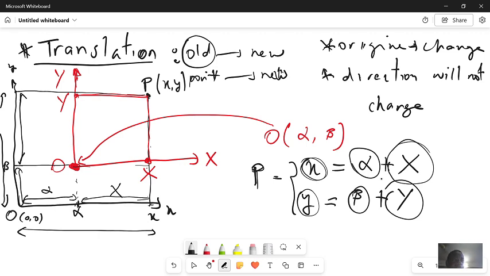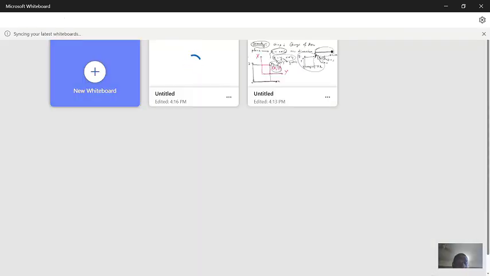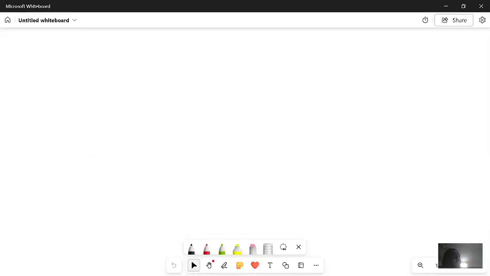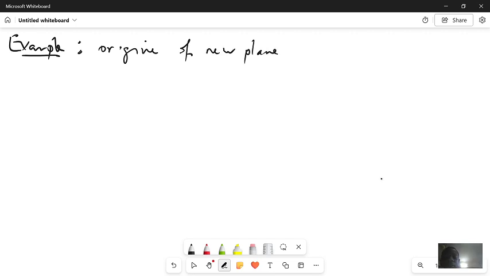Let's see an example. The origin of the new plane is (1, 2).